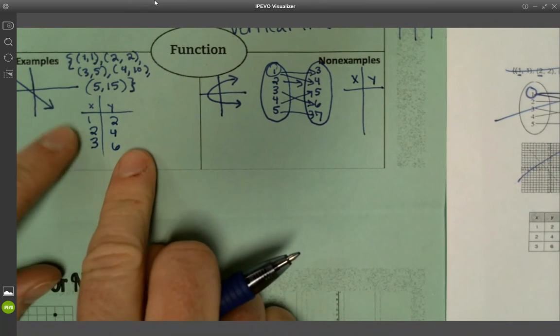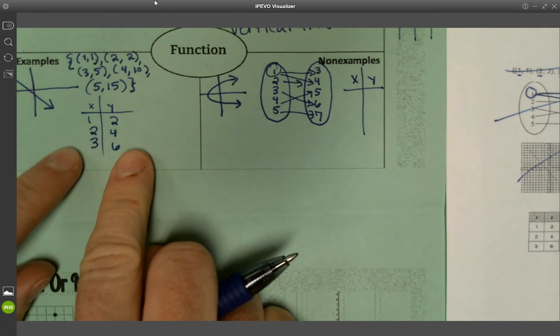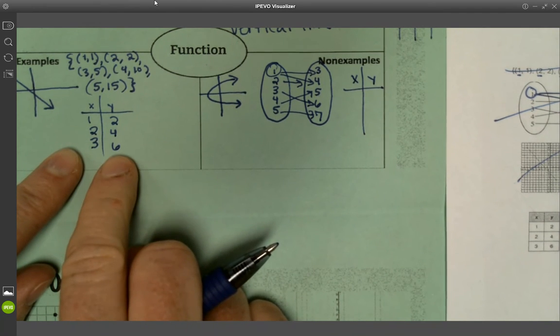All right, so I did the 1, 2, 3. X's didn't repeat. So this is an example. So I put it on the example side.